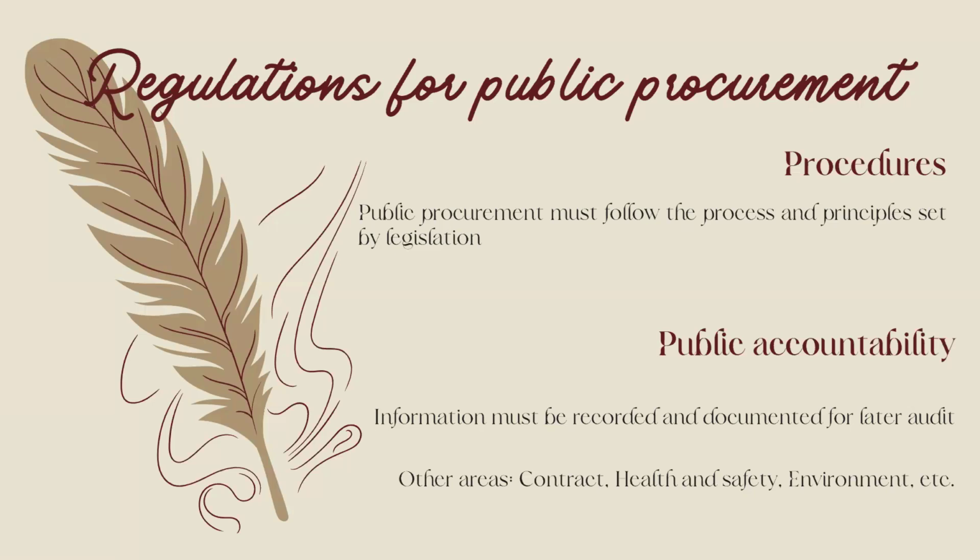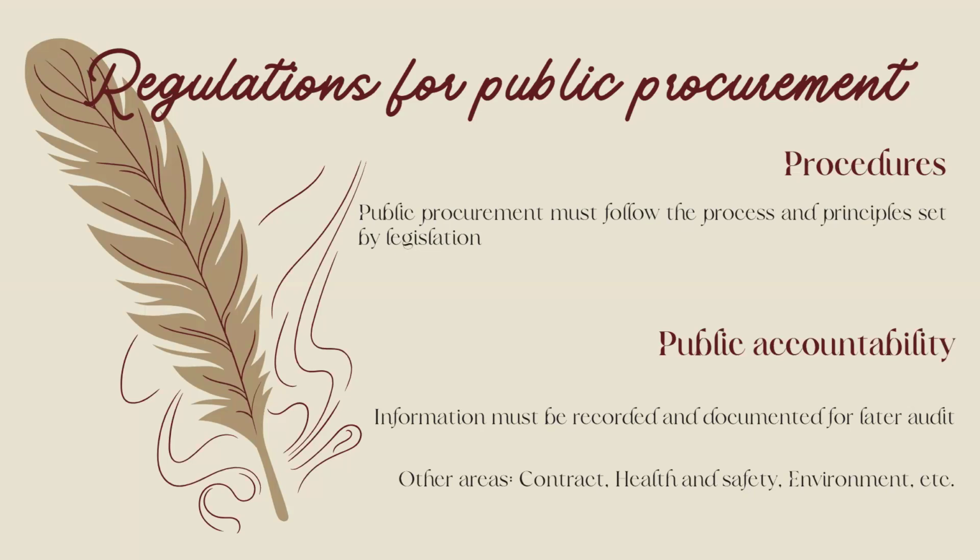So let's return to our question here. On my slide, I'm showing the potential regulations for public procurement. For public procurement, obviously they have some regulations on the procedure of the procurement process.